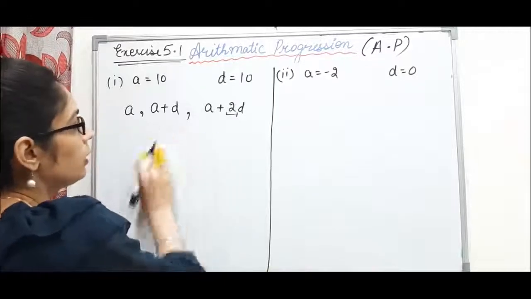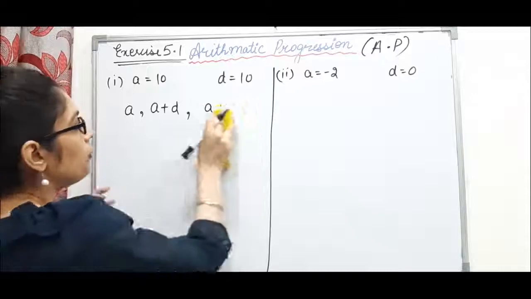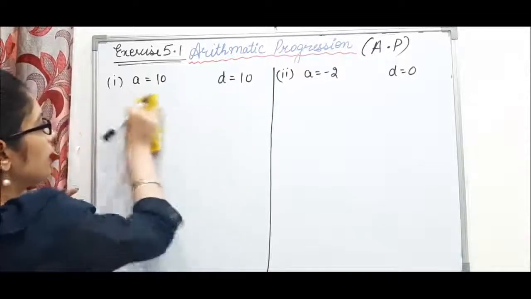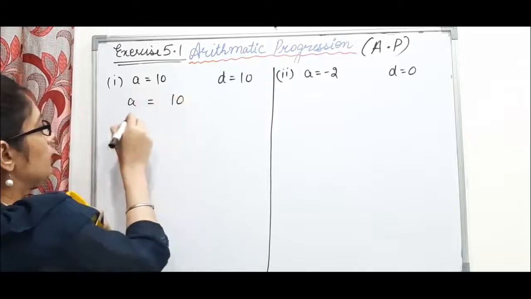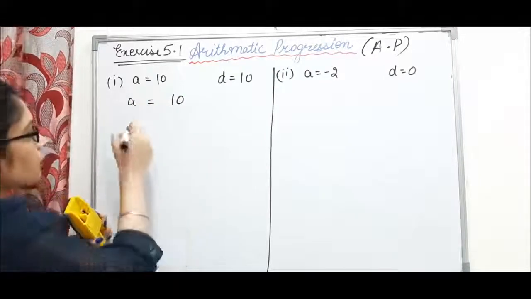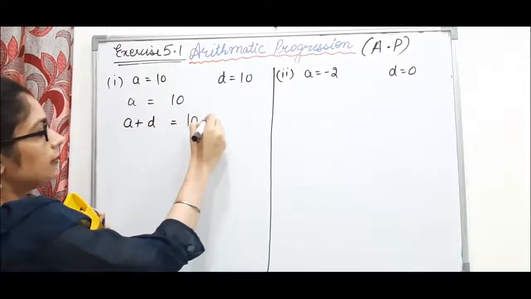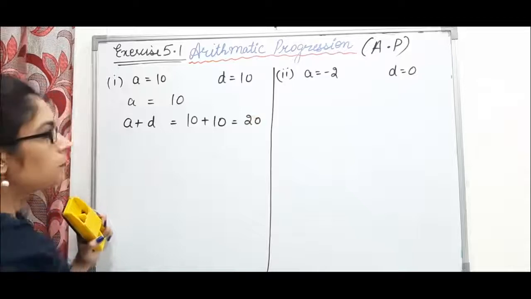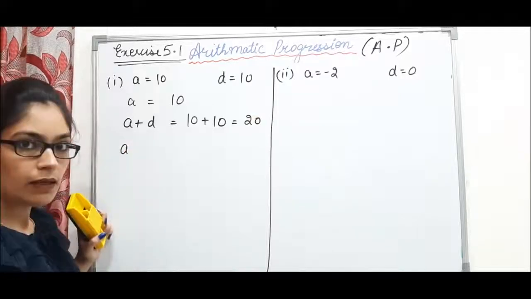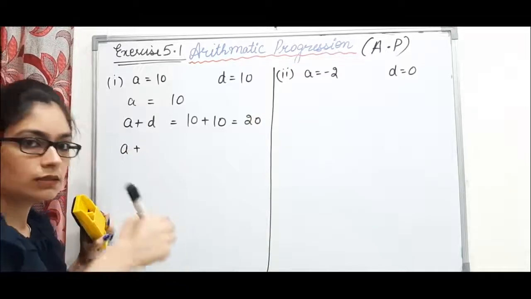First four terms we have to find. So, for the first four terms we can write down the formula. A we can directly write, a is 10 as it is given to us. Second term we can write a plus d, 10 plus 10, it is 20. Third term, like I have told you, a we have to add and d we have to multiply with the previous number.